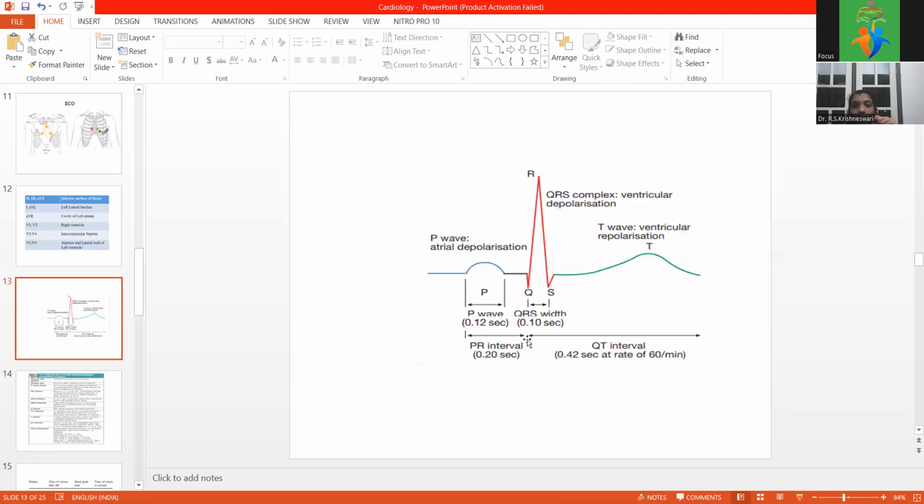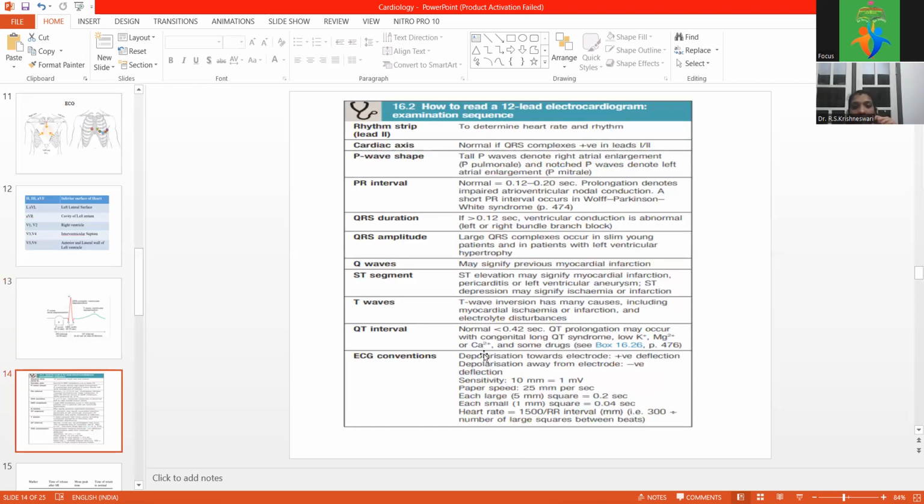From the start of Q to the end of T. Normally QT is 0.42 second. If it is prolonged, it occurs in congenital long QT syndrome or, very important, hypokalemia, hypomagnesemia, and hypocalcemia. QT interval is prolonged. Okay.